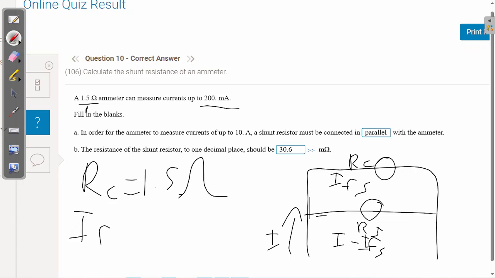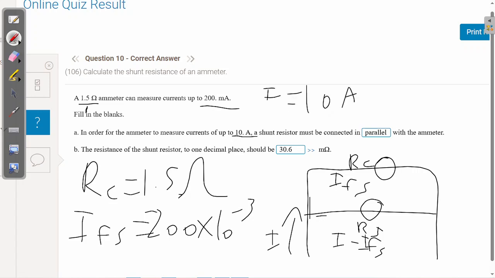So I full scale is equal to 200 times 10 to the power negative 3. And now they said 10 amperes. This is the current that's going in. So I is equal to 10. Now how do we find the resistance?